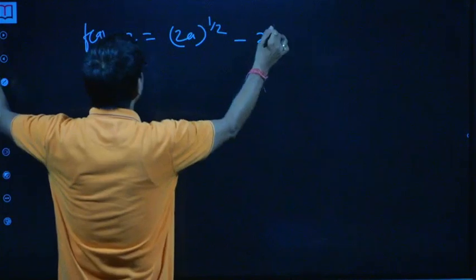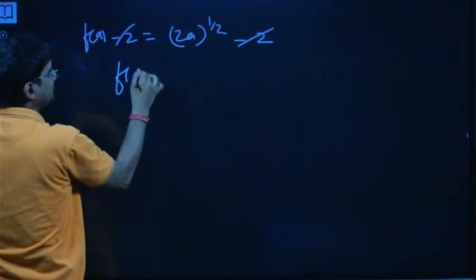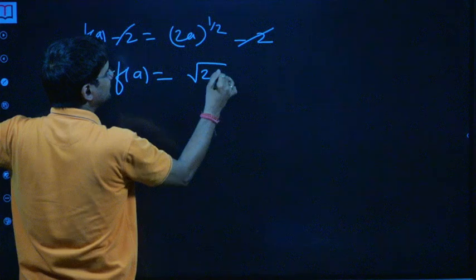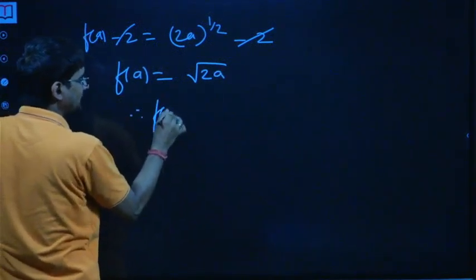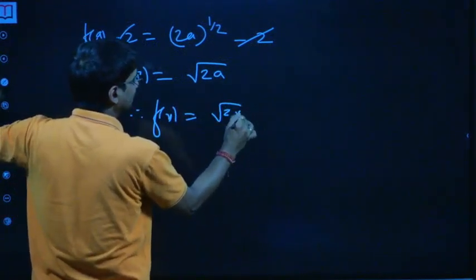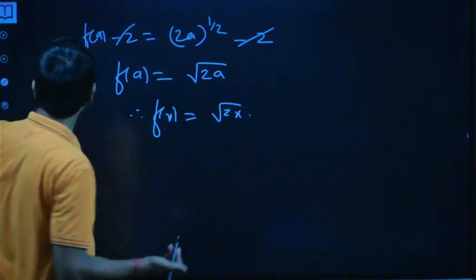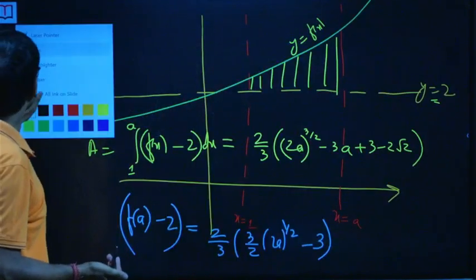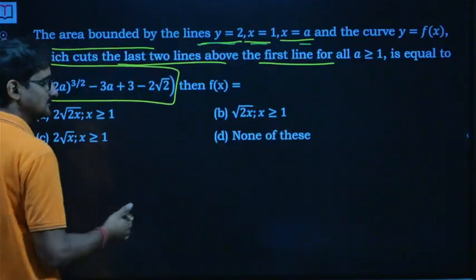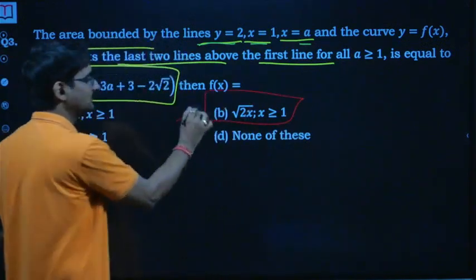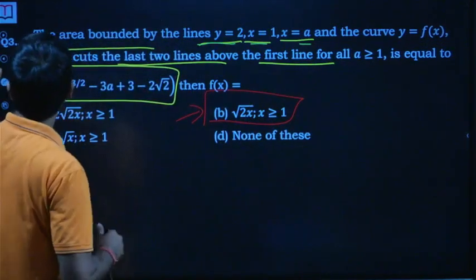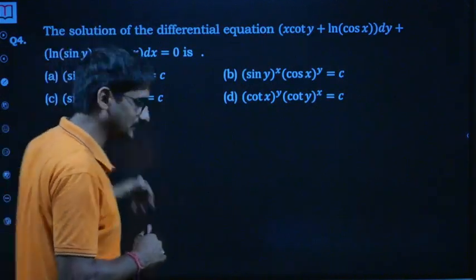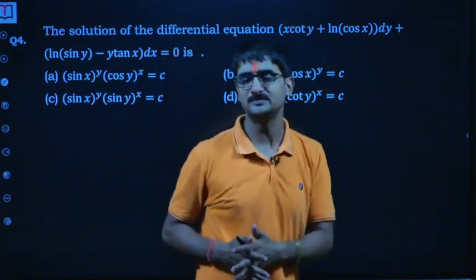So we got f of a directly, which is root 2a, therefore f of x is root 2x, and since a is greater than or equal to 1, x is greater than or equal to 1, so it is very well defined within the domain condition. So root 2x, x greater than or equal to 1 should be the answer. So that was another question where we have to find the function, writing the area expression and using Leibniz rule.